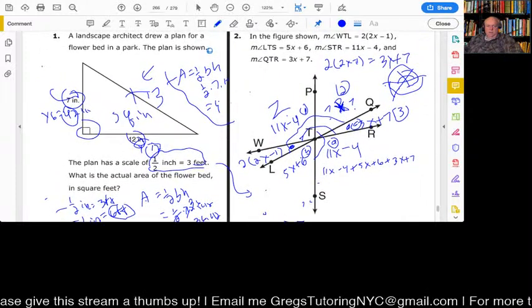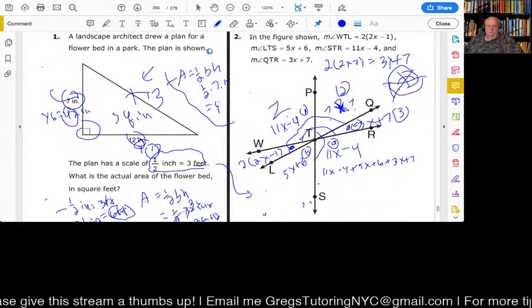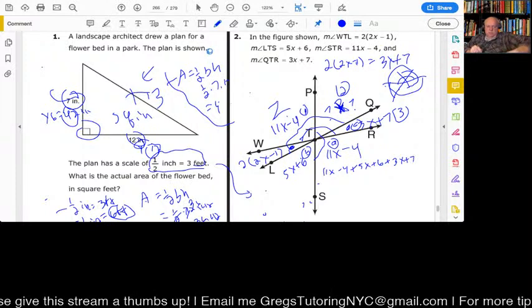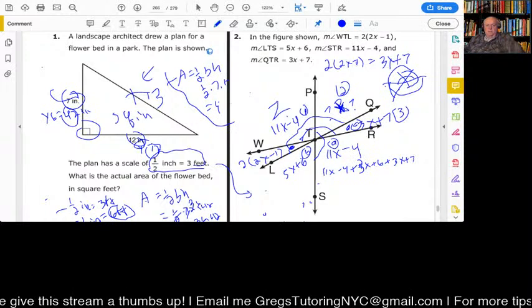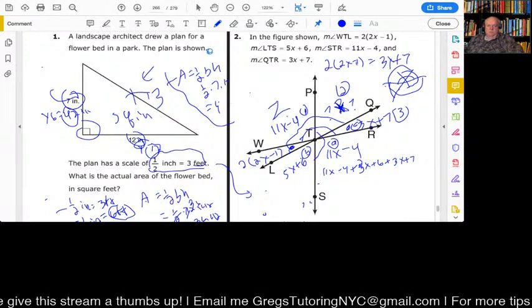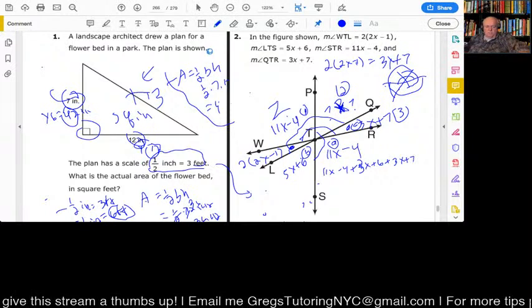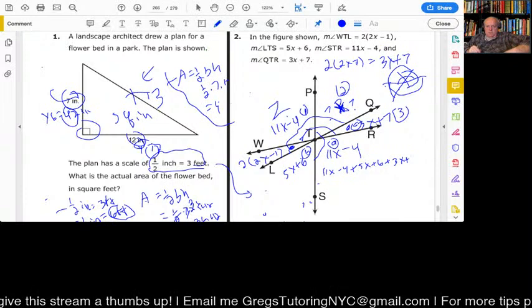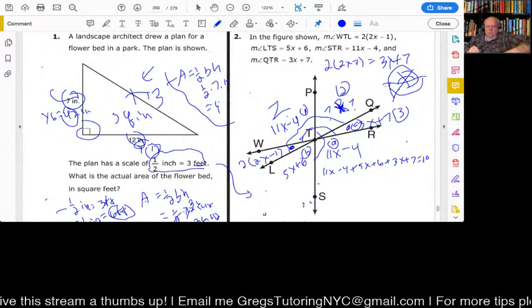We had one was 11x minus 4, 5, no, that's 3x plus, so this should be a 3. Okay. 3x plus 6, no, sorry, that was a 5. And 3x plus 7. Okay, and that's going to equal 180.